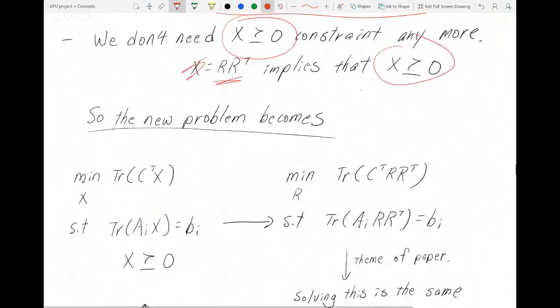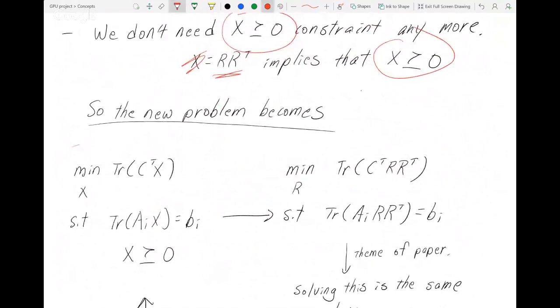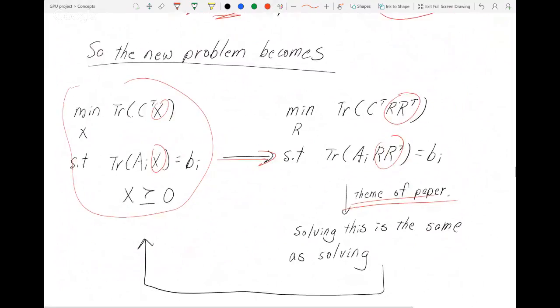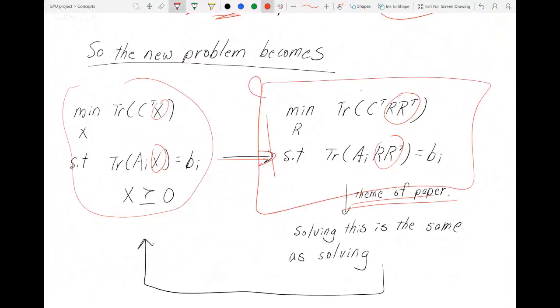So the new problem becomes this, and this is the old problem. There you go. The new problem, notice that all the X turns into R R transpose. And that's it. The theme of this paper is that by solving this problem here, by finding the optimum location of this problem, it is the same as satisfying the optimal condition.